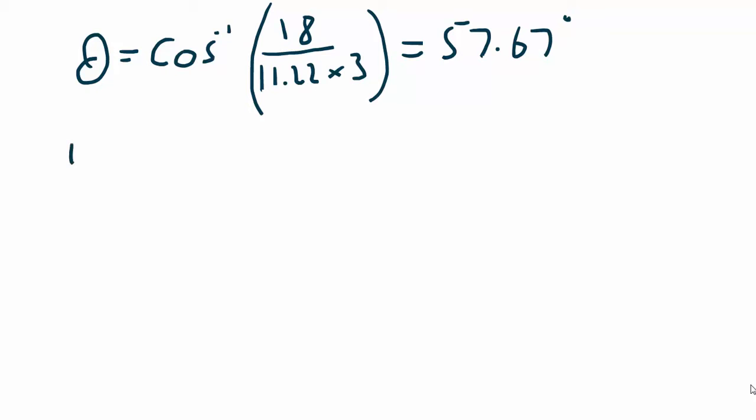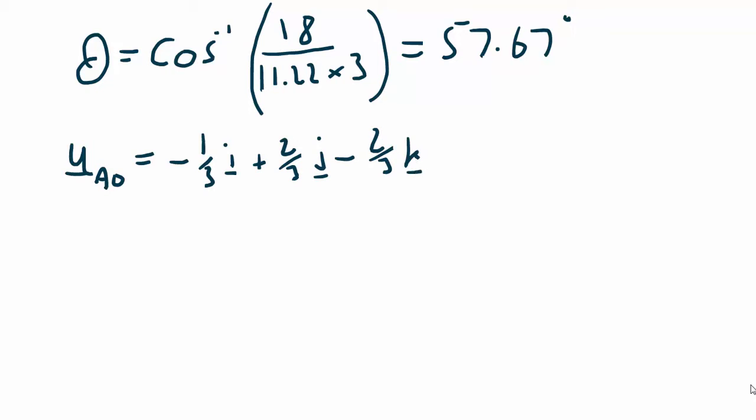We can work out our unit vector, AO, using our position vector and the magnitude of the position. So -1/3 I plus 2/3 J minus 2/3 K. I can then say, well, the force acting along line AO is going to be the dot product of the force and the unit vector AO.